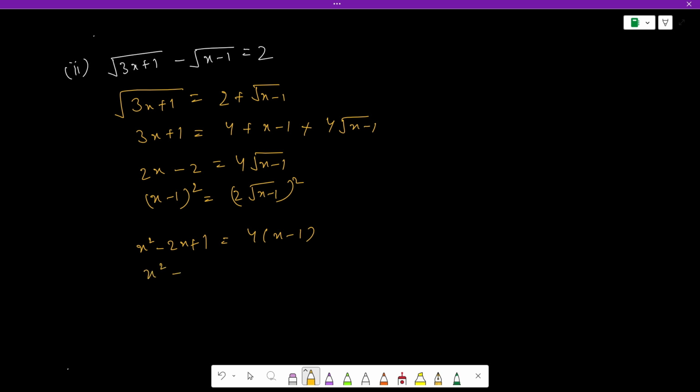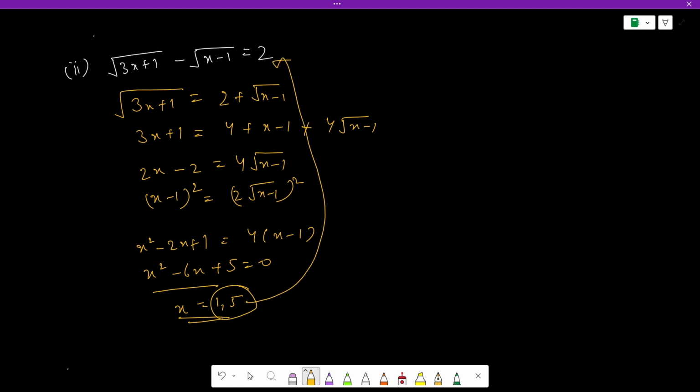So x squared minus 6x plus 5 equals 0. Now solving this we get x equals 1 and 5. Now put both of these values in the original equation and check if we have an extraneous root or not.